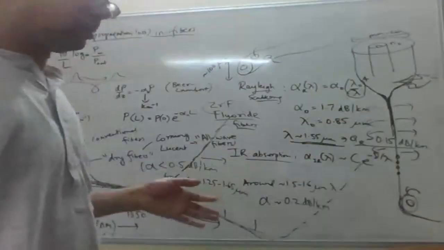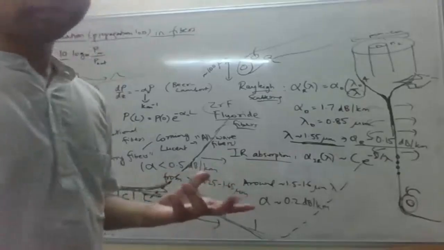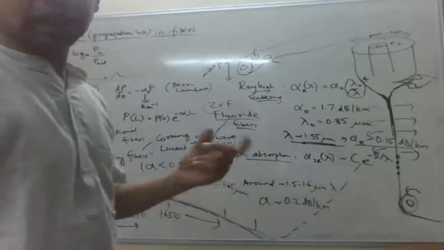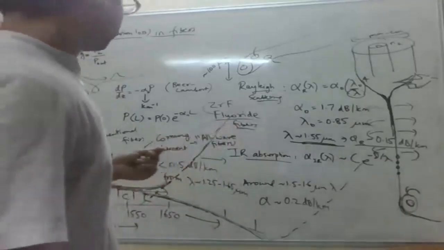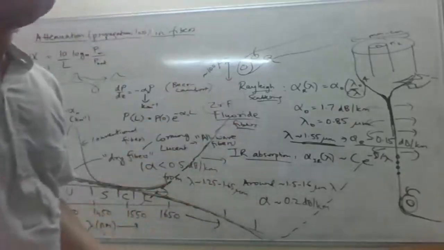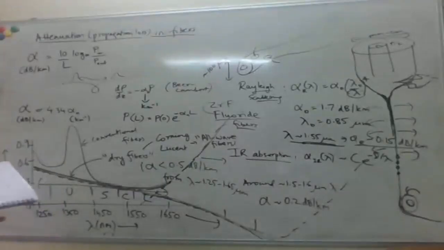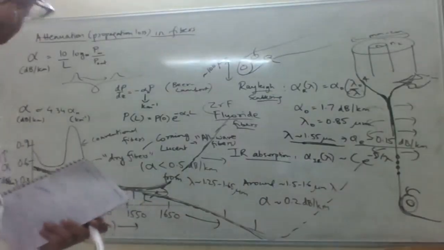So the refractive index typically varies between 1.45 and 1.55. The range of variation is not much, so it doesn't change the fundamental properties of glass. So the loss is sort of independent of that. Okay.